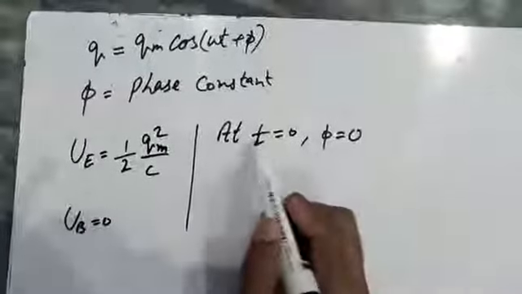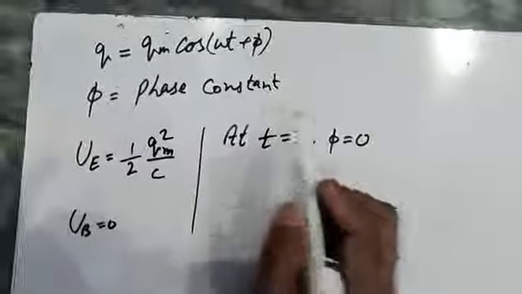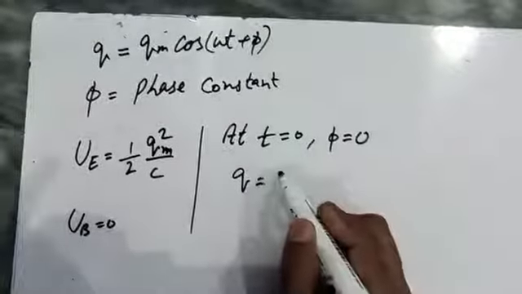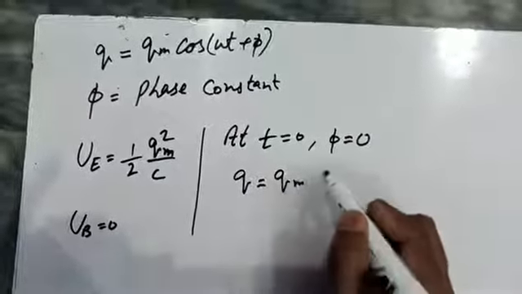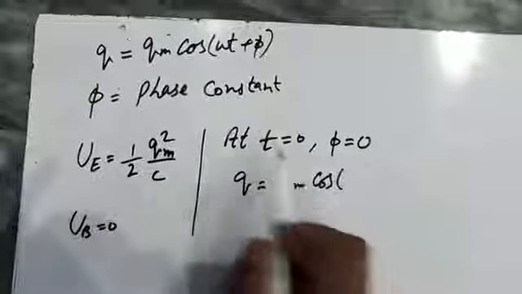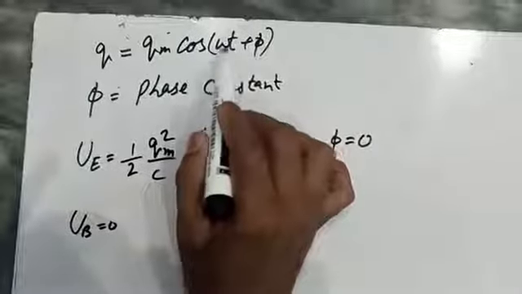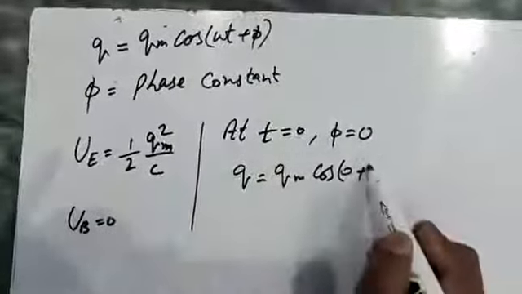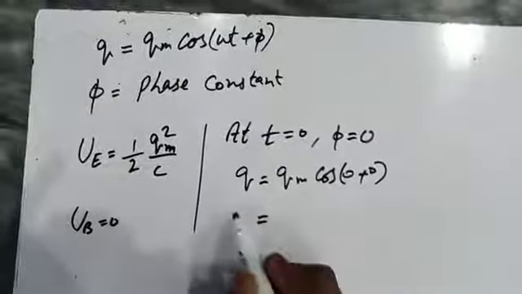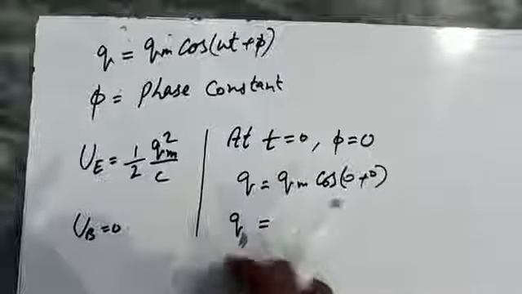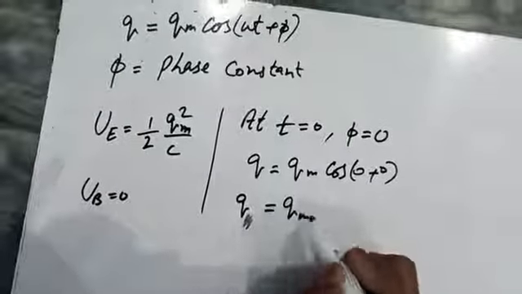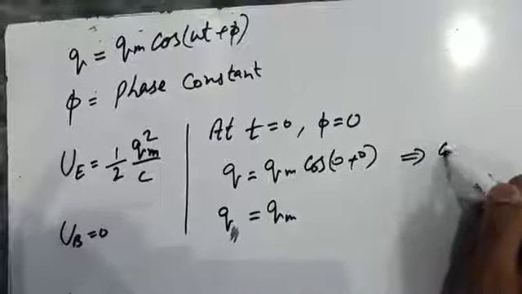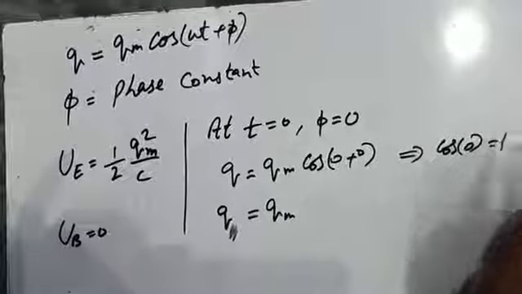So if we put t equal to 0 and phi equal to 0 in this equation, we get charge equal to qm cos, as t is equal to 0 this term becomes 0, plus phi is also equal to 0. Hence charge q is equal to qm, as we know that cos 0 is equal to 1.